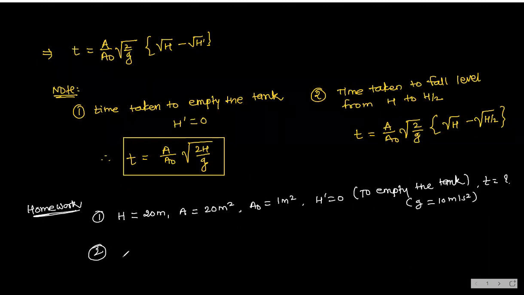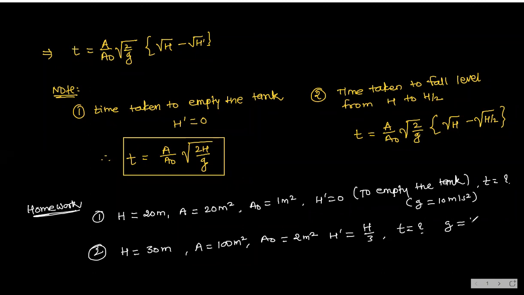Number 2: H is equal to 30 meter. A is equal to 100 meter square. A naught is equal to 2 meters square. And H dash is equal to H by 3. Then time T is equal to how much? Again, take G as 10 meter per second square.